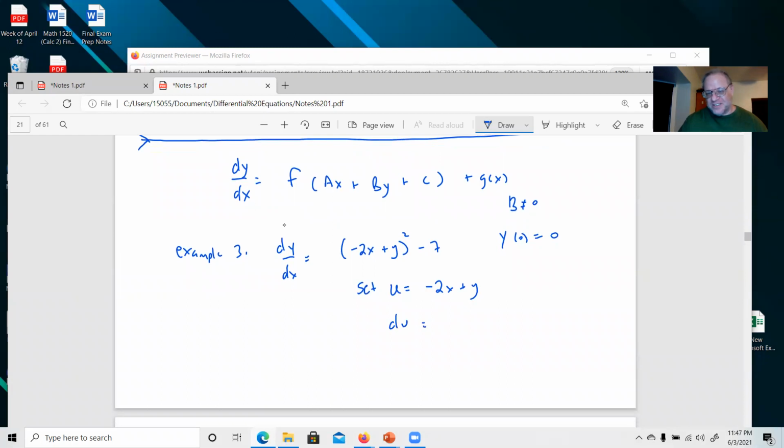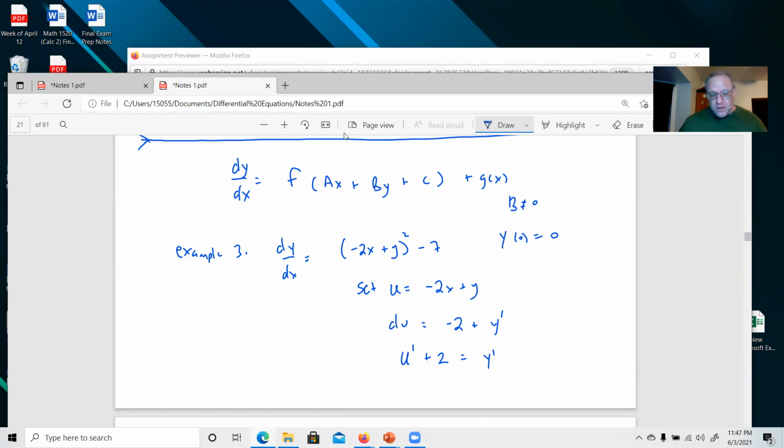du is going to be negative 2 plus y tick, the derivative with respect to x, dy/dx. At this point, I tried to go through all of this. We're not going to do that. At this point, we're going to say u tick plus 2 is equal to y tick.